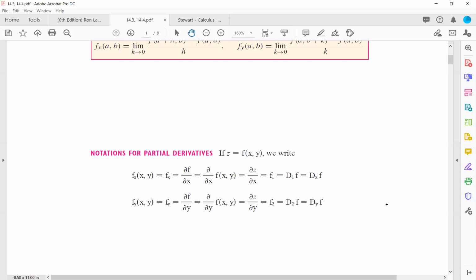This sub 1 is related to the first variable, or d sub 1 of f, the derivative of f with respect to the first variable. In this case, your first variable is x.